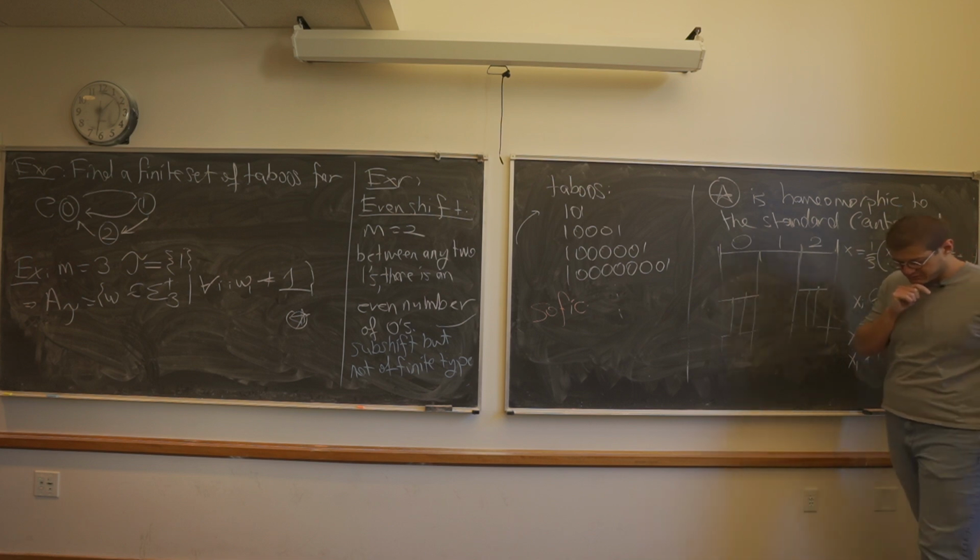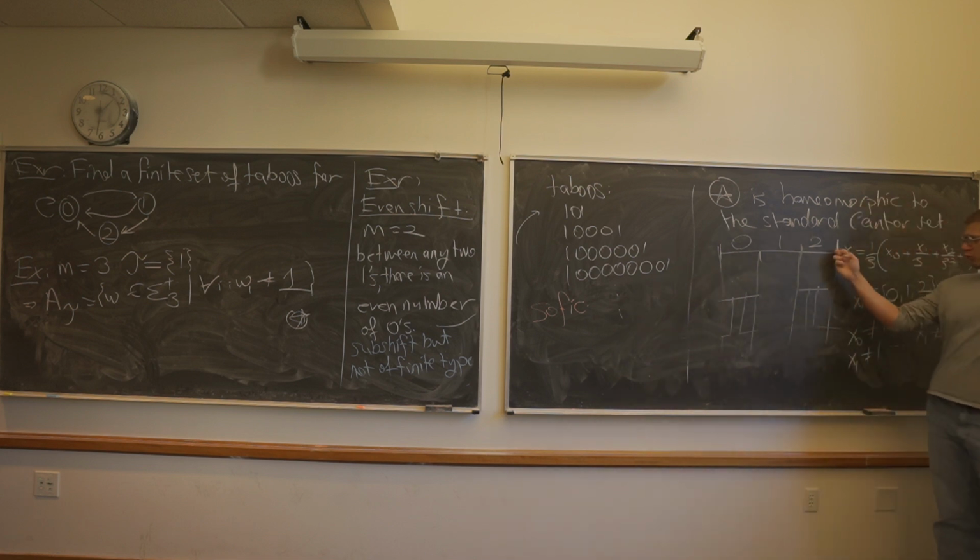let's think about this. So for instance, 1 in base 3 is 0.22222, or 1.0000. But I'm taking everything to be at most, not more than 1, which means that 1.0000 is really coding something that is beyond this.